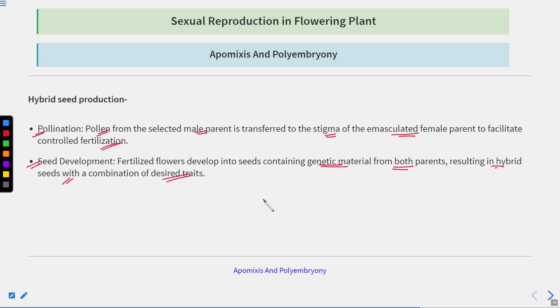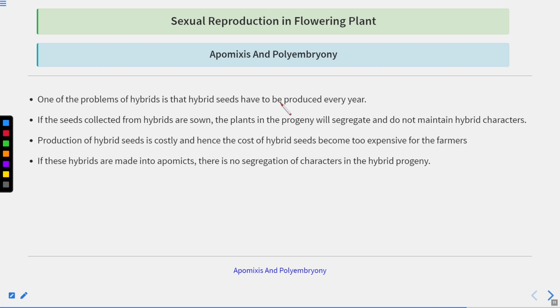Now, one of the problems of hybrid is that hybrid seed have to be produced every year. This is the problem in the hybrid seed production. Now, if the seed collected from the hybrids are sown, the plants in the progeny will segregate and do not maintain the hybrid characteristic. So in the next generation, there will be segregation of the characteristic, so the desired characteristic may be lost.